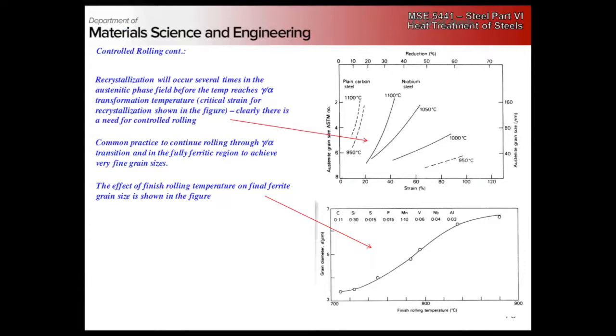In the absence of strong carbide formers that act as grain refiners, what is the final grain size going to depend on? Temperature and strain rate. If we have grains that are smaller than our steady state grain size for those temperatures, our grains are going to essentially grow during the recrystallization process. If our grains are bigger, they're going to be refined.